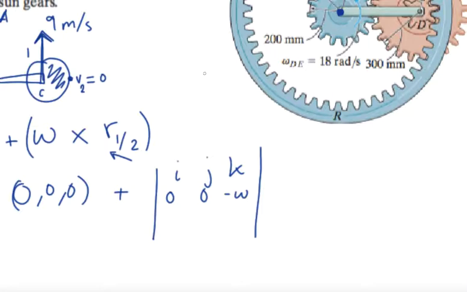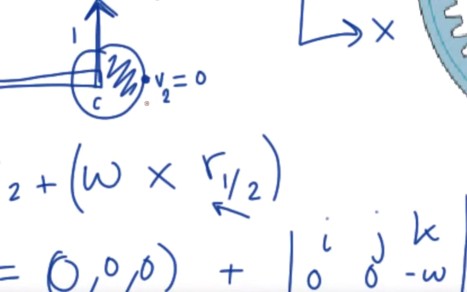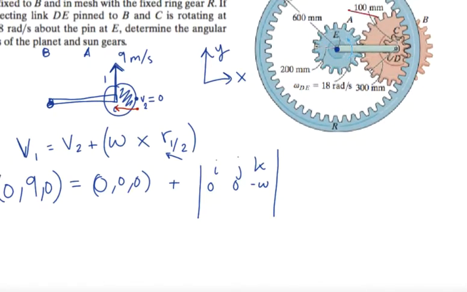Since we're going to set our coordinate system like that, the standard, the R vector going from 2 to 1 is just the radius. And they mentioned right here that it's a radius of 0.1 meters. So that is just negative 0.1, 0, and 0.